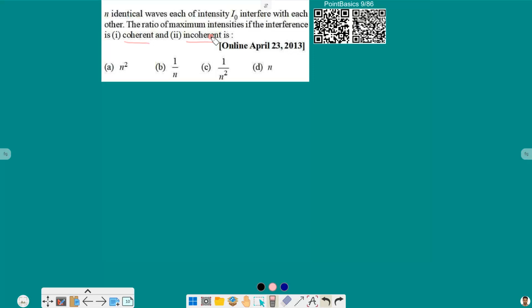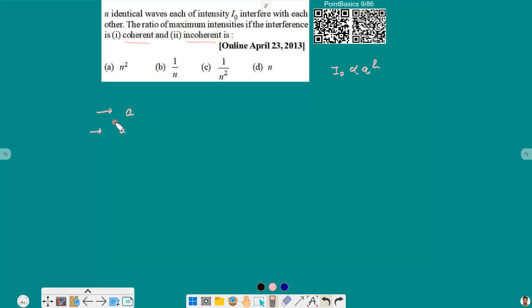So we know that suppose we have two waves of amplitude A each. Now we know that this I node is proportional to the square of the amplitude.